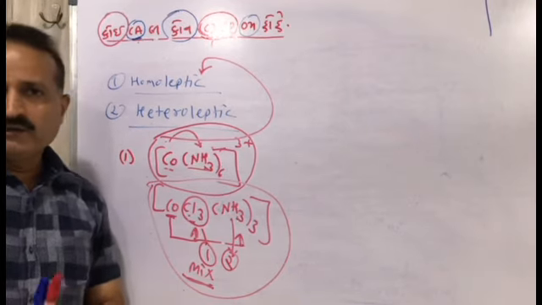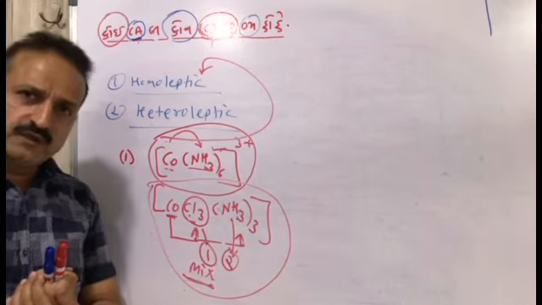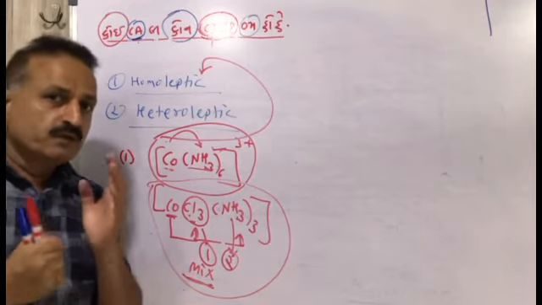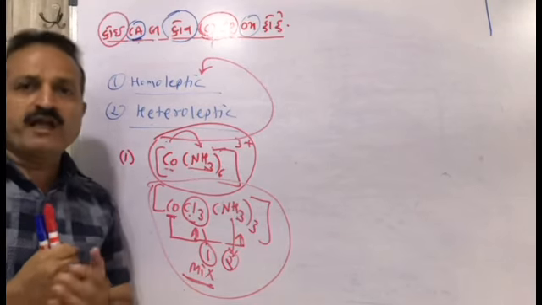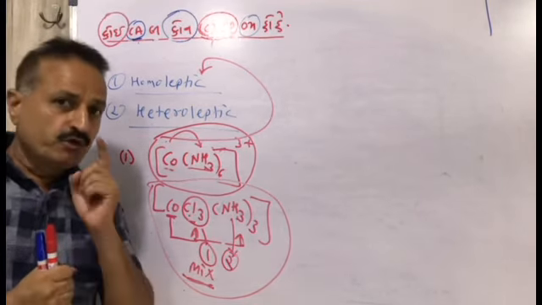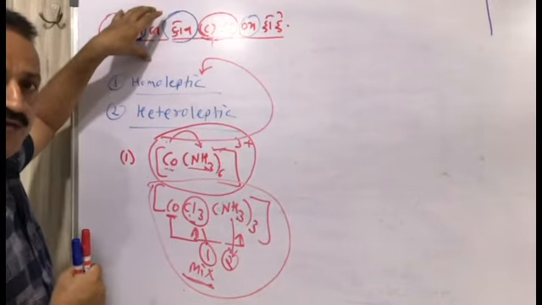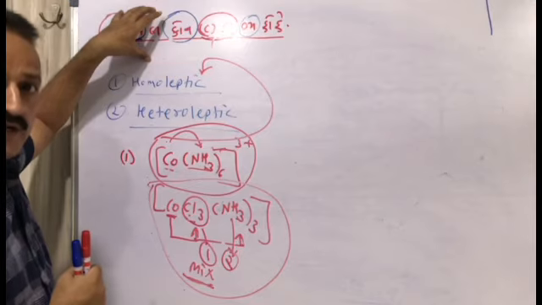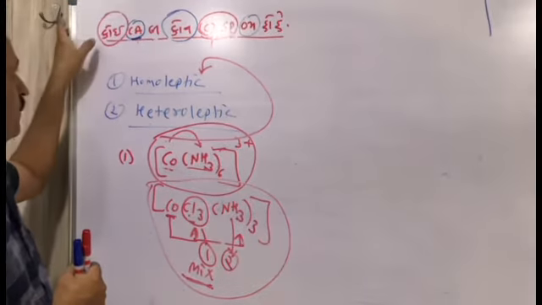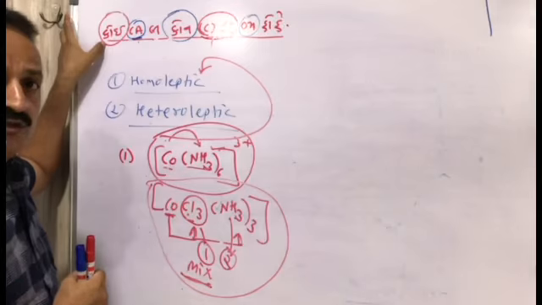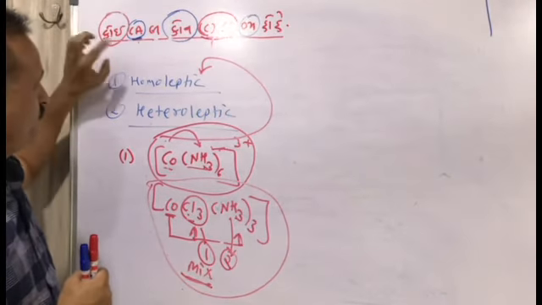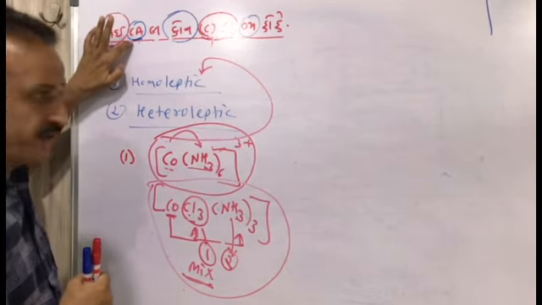So we have cleared different terms related to coordination compounds. I am speaking just to revise for you. Kindly write down this formula. With this formula you can understand all terms related to coordination compounds. First, CE means coordination entity. CA means central atom or ion.